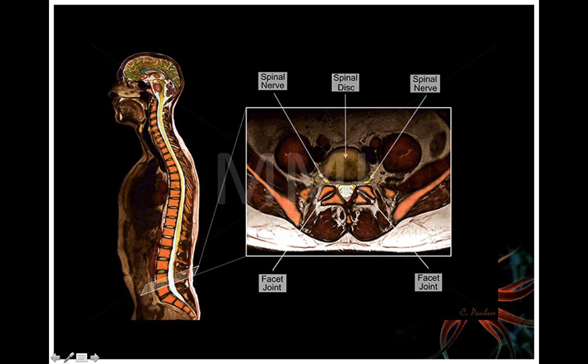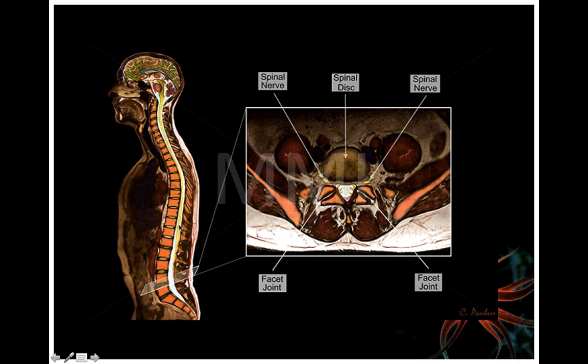We have the brain, and you have the spinal cord that comes down like this, and the spinal cord actually ends anywhere from T12 to sometimes L2 level, right around here, and it turns into a horsetail called cauda equina. Cauda means the end or tail, right? And equina is horse.